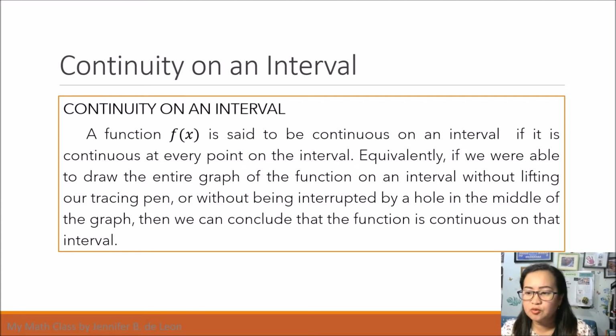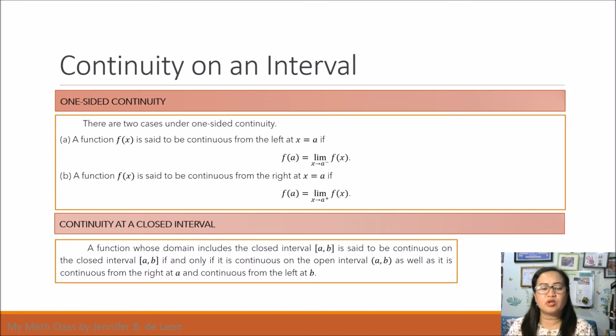So what if we have a one-sided continuity? There are two cases under one-sided continuity. The first one is a function f of x is said to be continuous from the left at x equals a if f of a is equal to the limit of f of x as x approaches a from the left.